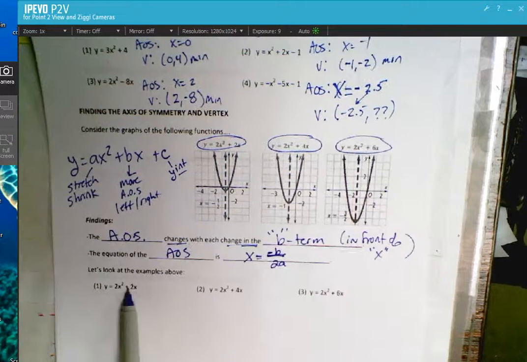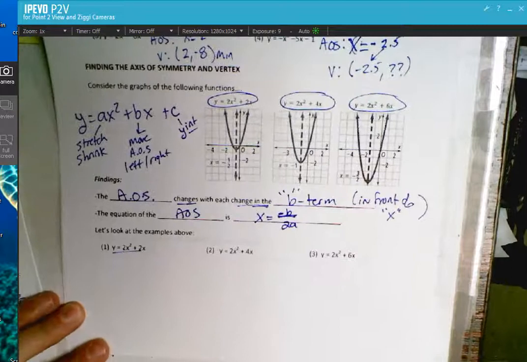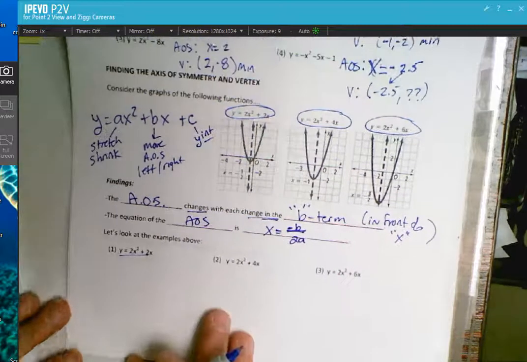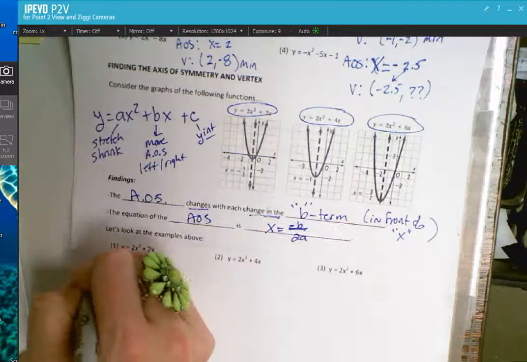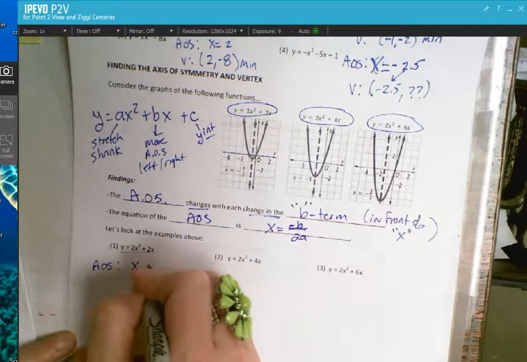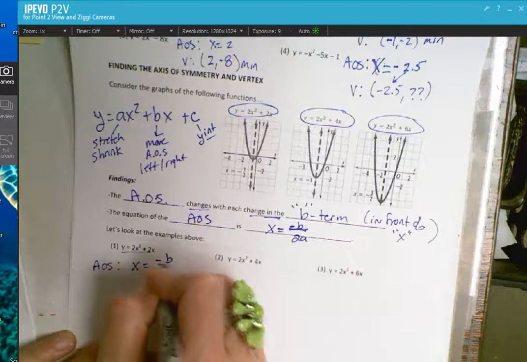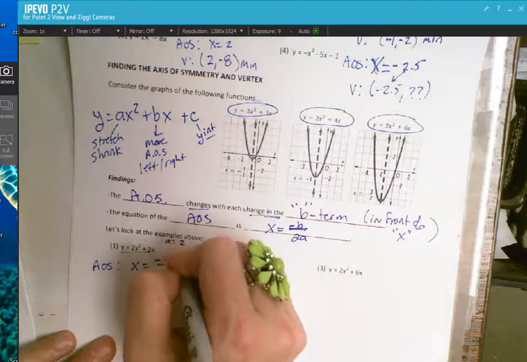So let's look at the examples up top. So if all I were given was the function y equals 2x squared plus 2x and said let's find the axis of symmetry. So I know that the axis of symmetry is x equals the opposite of b over 2a. In this case, a is equal to 2 and b is equal to 2.